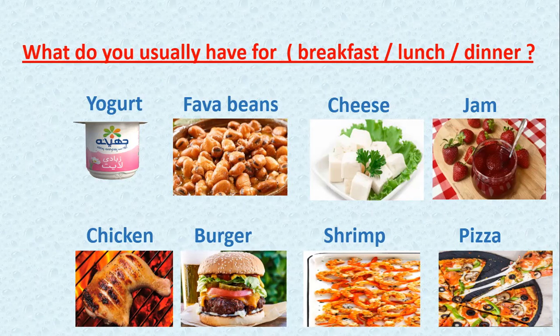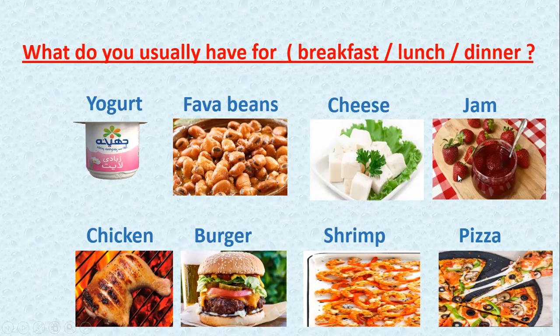So we can say, for example, he rarely eats shrimp for lunch, because it's very expensive here in Egypt. They usually have pizza for lunch. We have these items we use for breakfast or dinner.